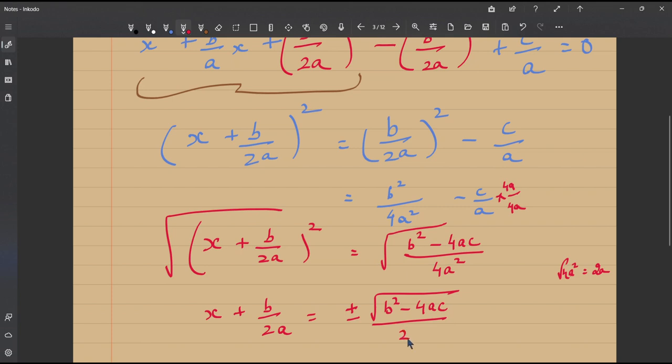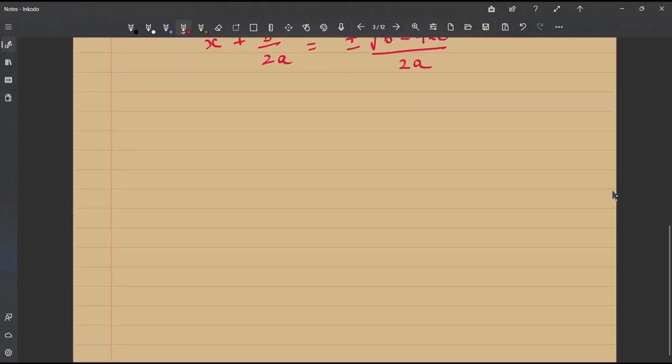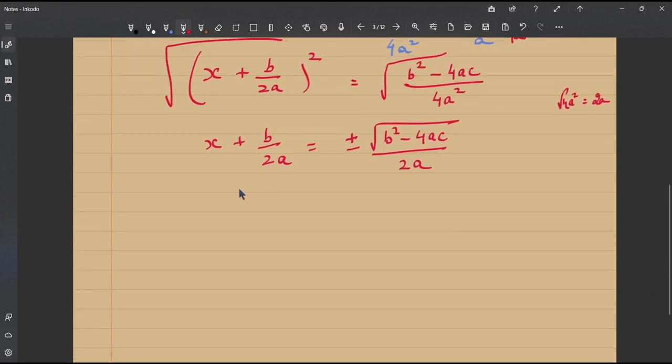So divided by 2a. Now shifting b by 2a to the right hand side of the equation. The purpose once again is to isolate x and find the roots. So x is equal to minus b by 2a plus or minus root of b squared minus 4ac by 2a.